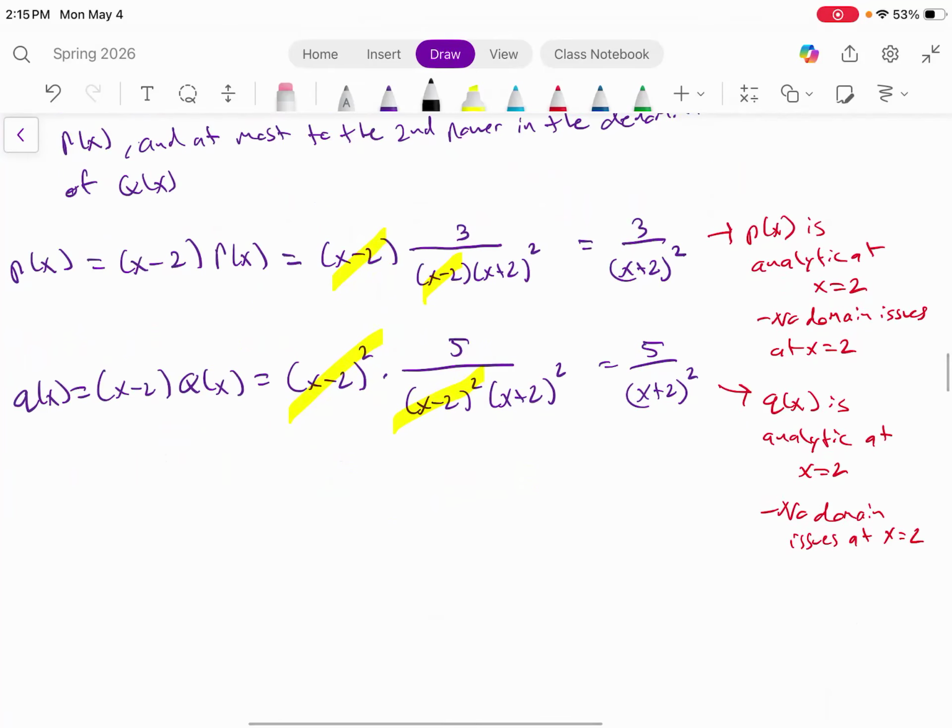So what does that mean? Therefore, x equals 2 is a regular singular point. Okay, great. So x equals 2 is a regular singular point. Okay, so we got one.